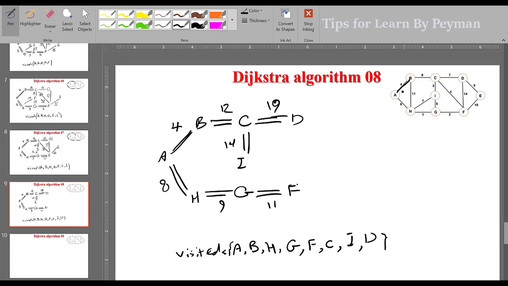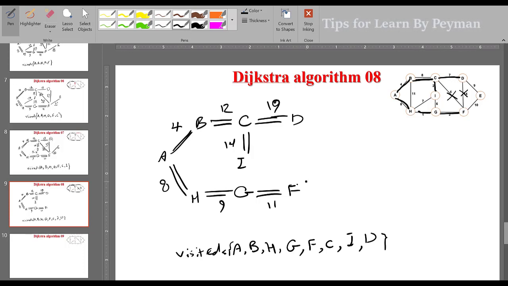So I just choose this one, this one, this one, this one, this one, and this one. So let me see what we have. We could not choose this, as I told before, because it can't make a cycle. Also we could not choose this because if we choose this edge, it again causes a cycle.